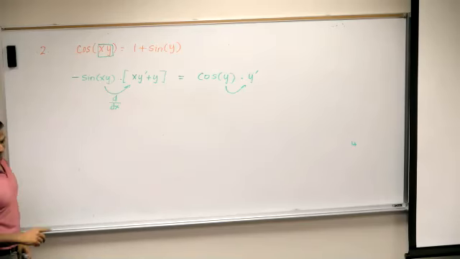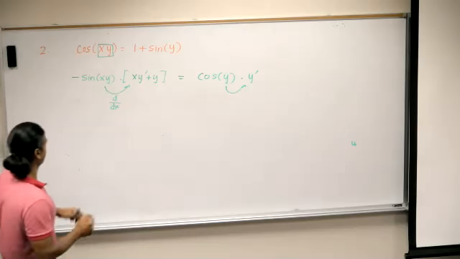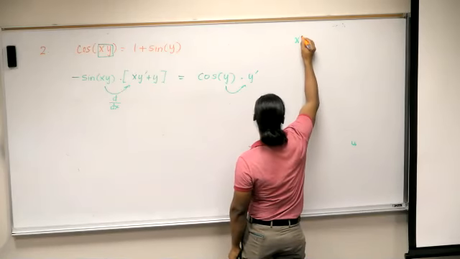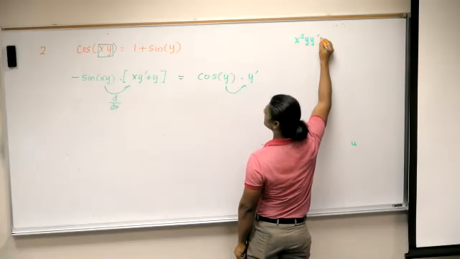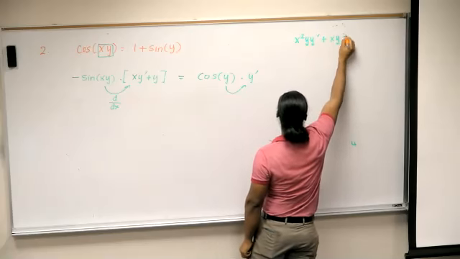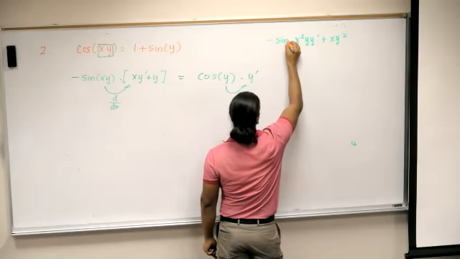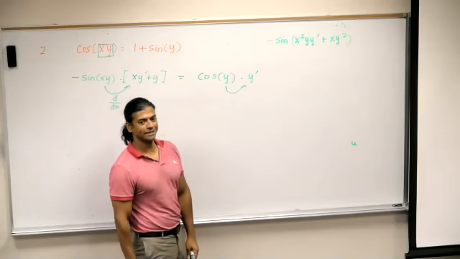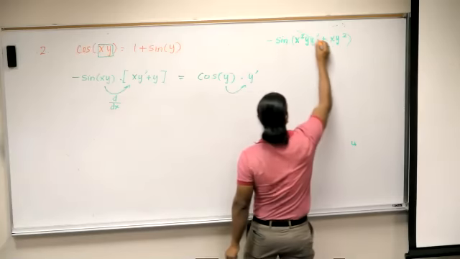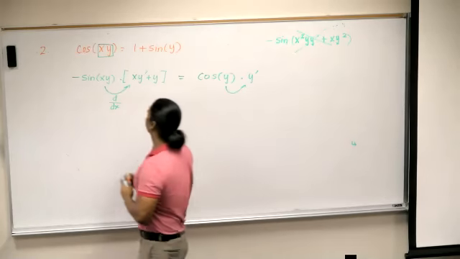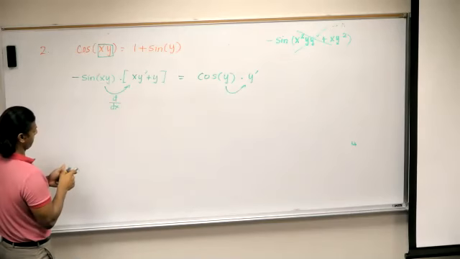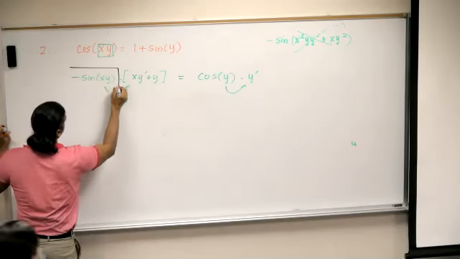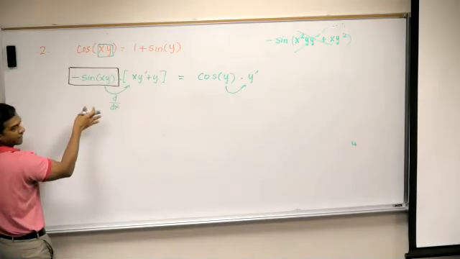Now, some of you distributed that xy and wrote it as x squared y prime plus xy squared and put the sine up there. That is incorrect. If this is confusing, think of it this way. This is one term in and of itself.